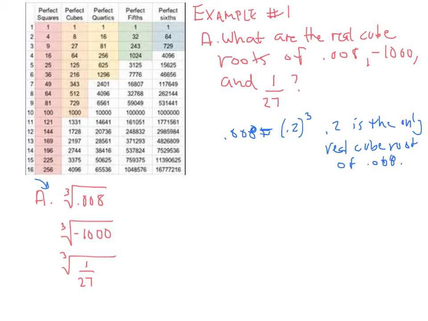Does that make sense? Because 0.2 times 0.2 times 0.2 would give you 0.008.